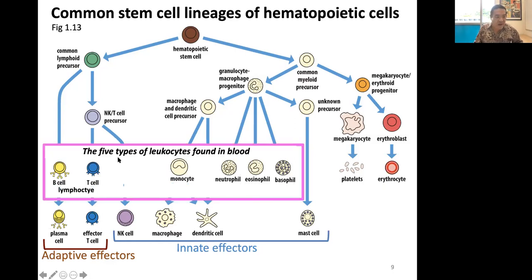Okay, so there are 5 types of leukocytes, of white blood cells, that are found floating around in your blood. Right? Because not all of the immune cells can actually be seen easily floating in your blood. Many of them, of course, go through your blood to get to different places like tissues, but then they hang out in your tissues. But these are the 5 types that are found in your blood.